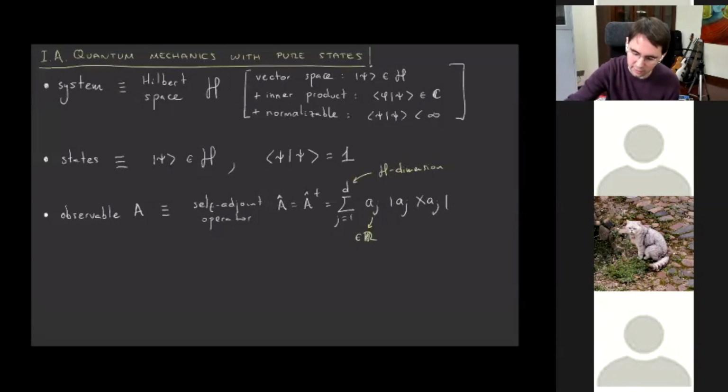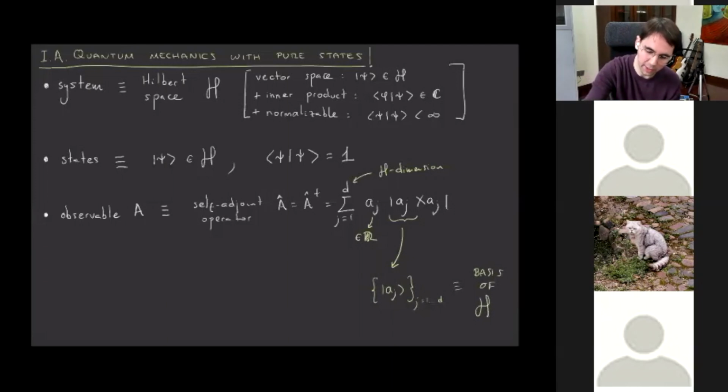And finally, these eigenvectors, I said that they are a basis of the Hilbert space. So let me write it like this: this set of eigenvectors forms a basis of the Hilbert space.